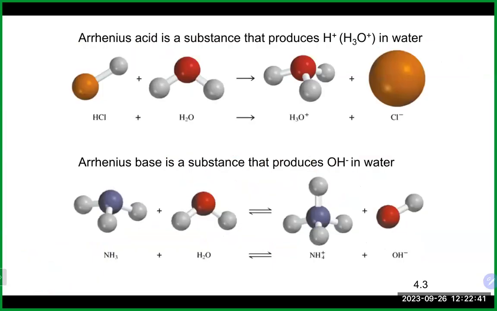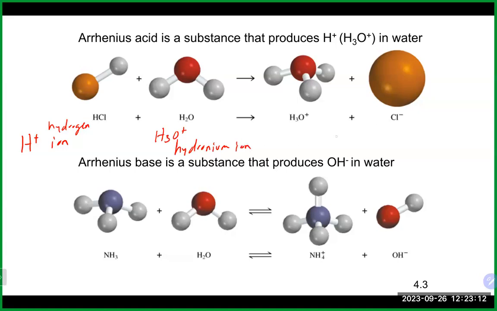All right, so when we talk about acids, a basic definition of acid is one by Arrhenius, and that is a substance that can produce H plus ions in solution. And it is free H plus, that is the hydrogen ion. And H3O plus is what is known as the hydronium ion, and that is a polyatomic ion.